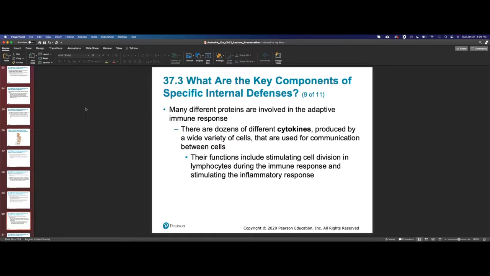It's interesting because in the coronavirus pandemic, one thing you guys probably have heard about in the news is something called a cytokine storm. So it's talking about these proteins that are used to both communicate between cells and induce inflammation and cell division among the white blood cells.